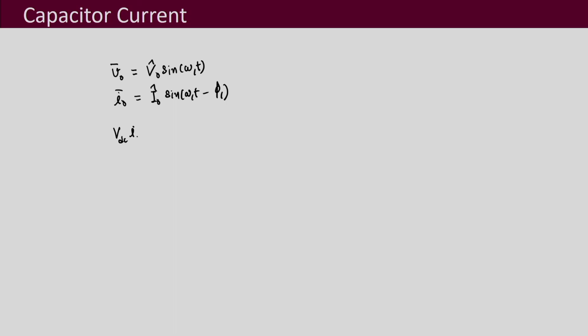So, VDC IDC bar, if we equate the DC power and the AC power, VO bar IO bar, and what is your IDC bar, basically you have ignored switching frequency components.